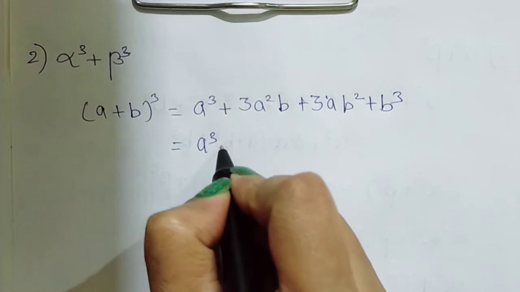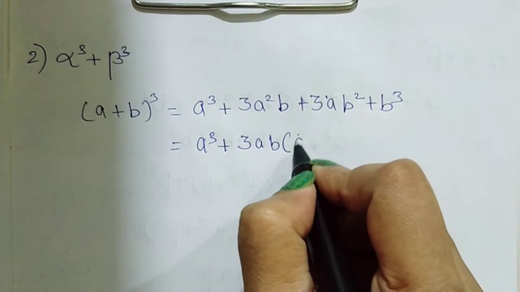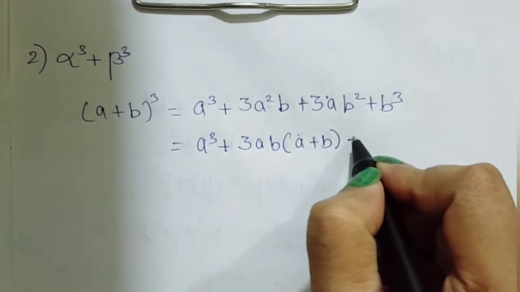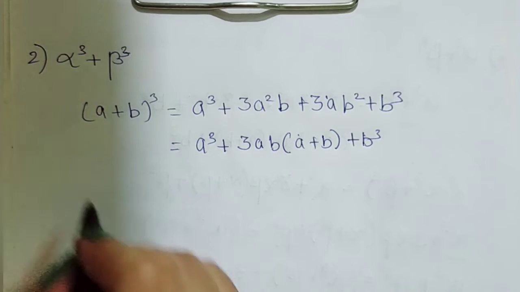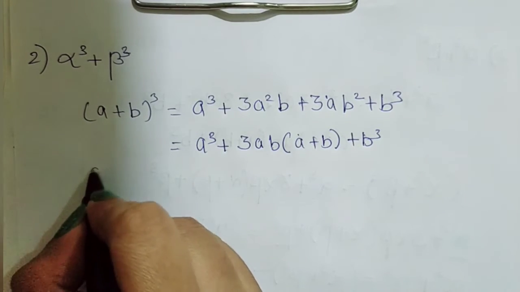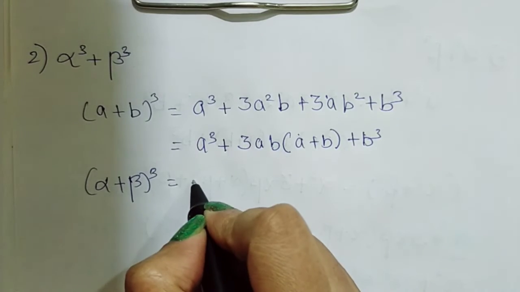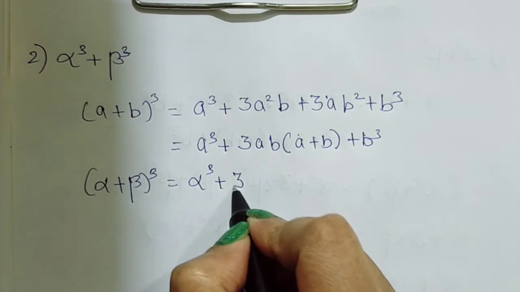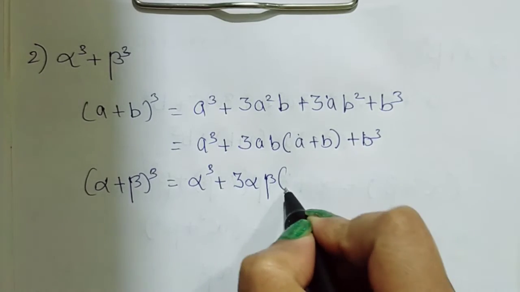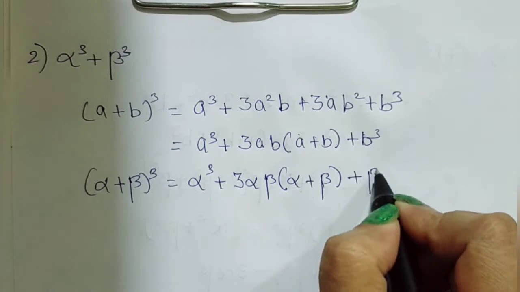Again, a cube plus 3ab inside a plus b, plus b cube. Same thing we will write in this form. So I am writing alpha plus beta cube equal to alpha cube plus 3 alpha beta inside alpha plus beta, plus beta cube.